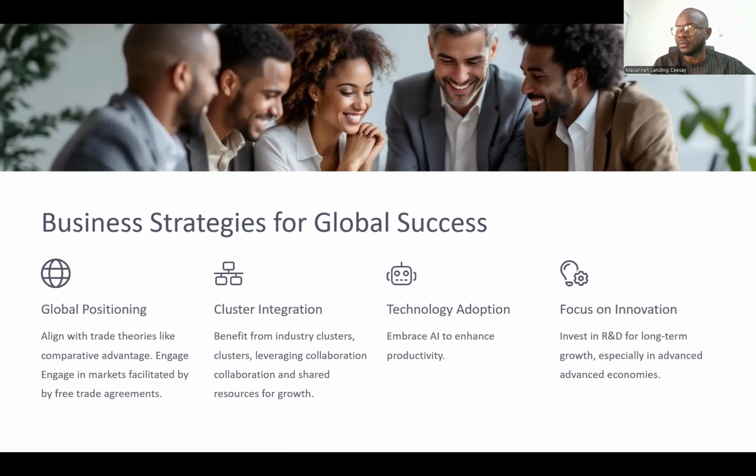They should opt to be in clusters because this helps in terms of collaboration and sharing of resources for easier growth and technological adoption. Just like countries, businesses also have to adopt technology because as it is now, if you don't adopt technology, you have a high tendency of perishing, because technology is the order of the day.